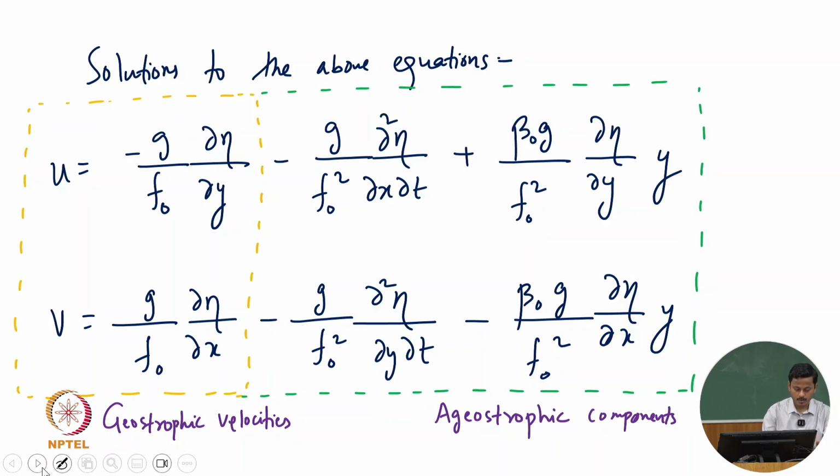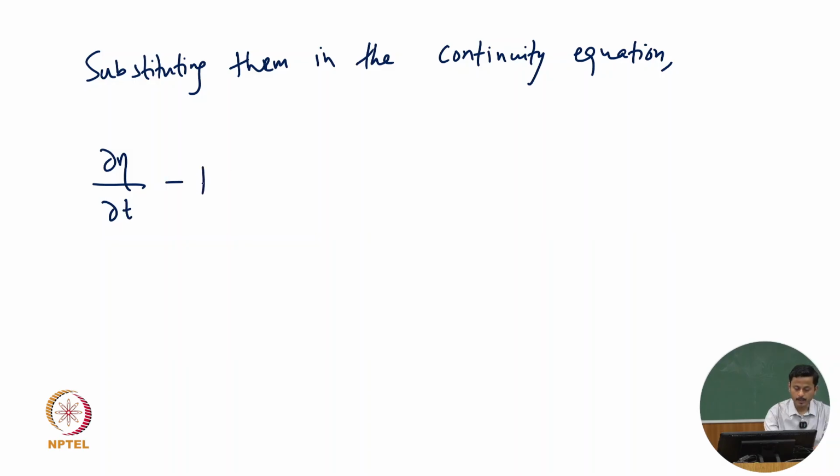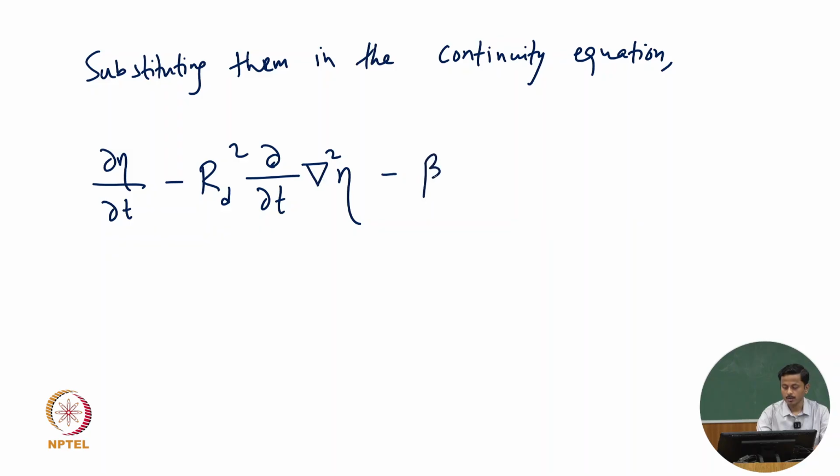Now substituting both of these velocities in the continuity equation, we get del eta del t minus rd squared, where Rd is the Rossby radius of deformation, del t the Laplacian of the sea surface displacement, beta naught is the beta parameter, rd squared del eta by del x equal to 0.